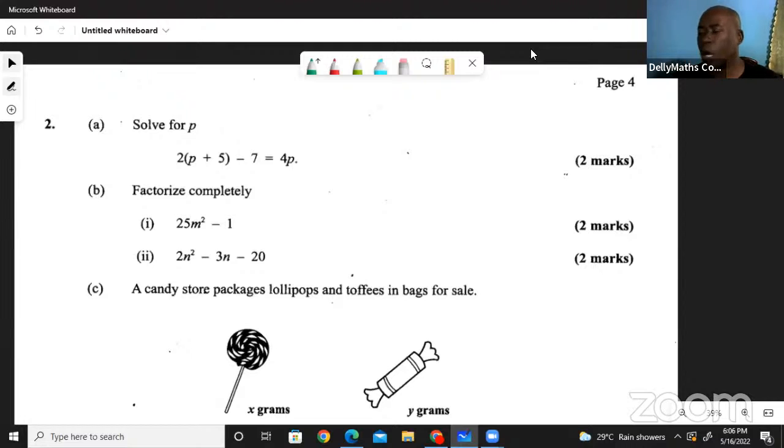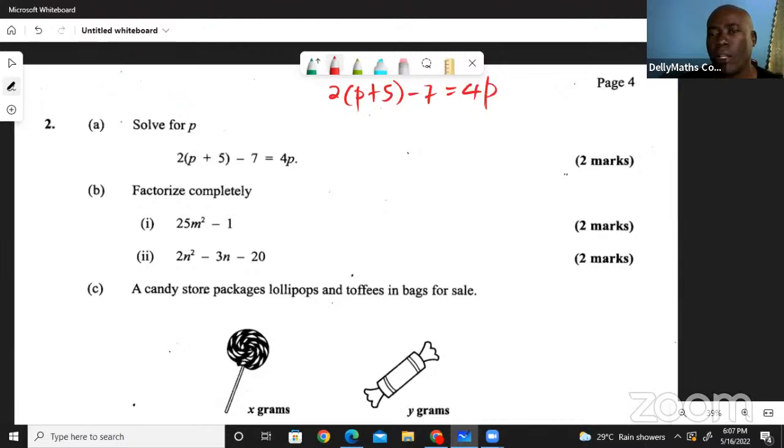It says solve this equation here, but it's a regular linear equation. So I'm going to rewrite it right here: 2 times the bracket p plus 5, minus 7, equal to 4p.